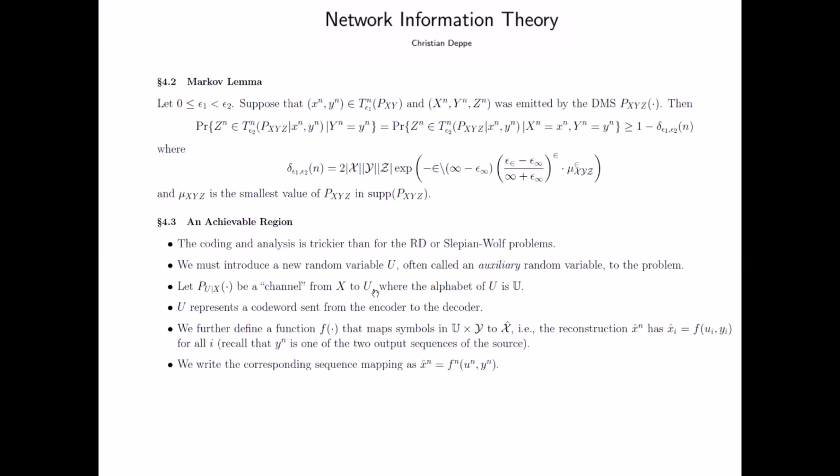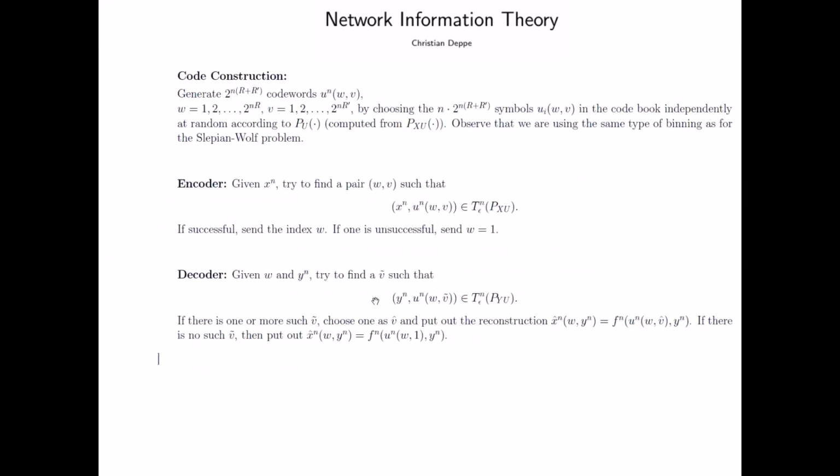So we use a codebook which uses letters from U. We can calculate the random variable U by using this auxiliary channel here. And then we use this random variable U to produce our codebook.